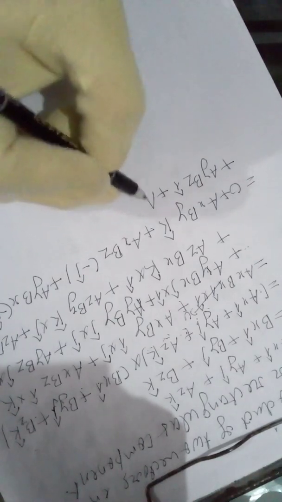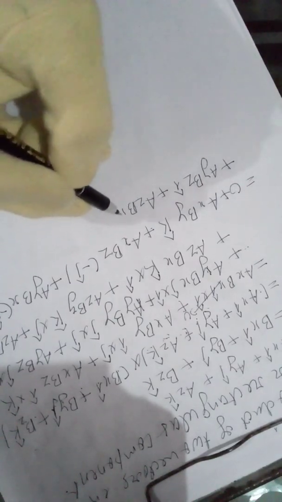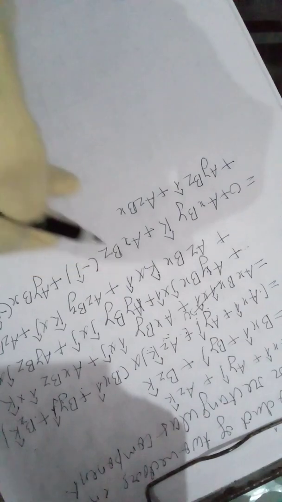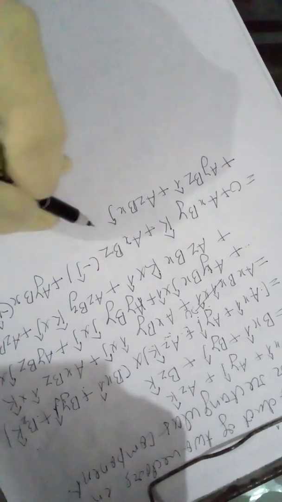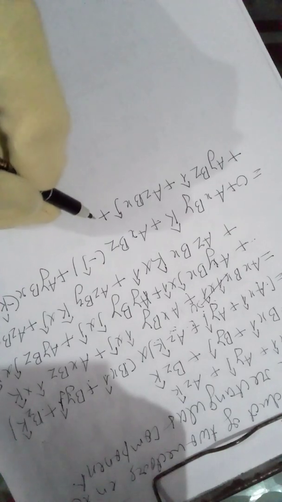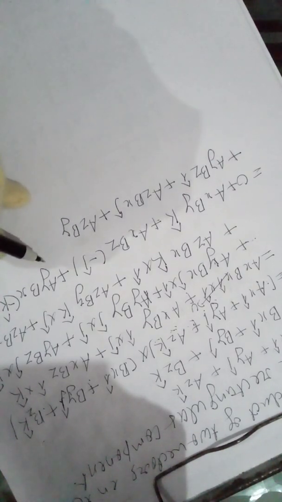Plus az bx, k cross i is the third vector j, in clockwise direction, and az by, k cross j is anticlockwise, so minus i. And k cross k is a like vector, so 0.